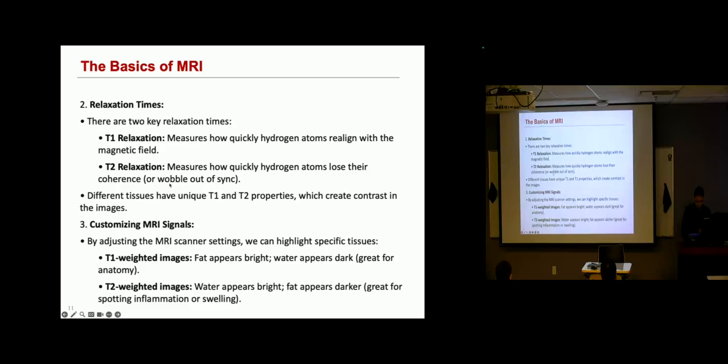Different tissues have very different T1 and T2 properties, so this will create a contrast in the image. Later we'll also mention T1-weighted or T2-weighted sequences, which focus on different tissues' T1 and T2 properties.